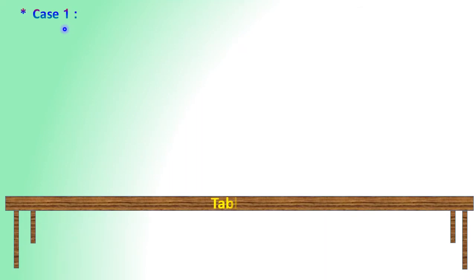This is the table. Let us place the V stand at the middle of the table here. I am placing the V stand here, and now we place the convex lens on the V stand. This is the convex lens of known focal length.